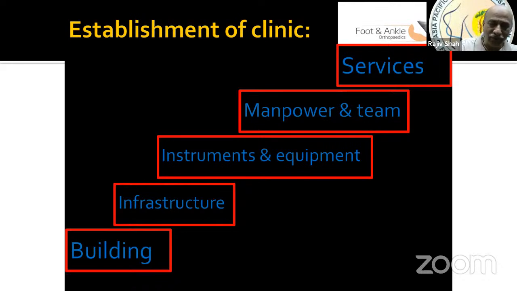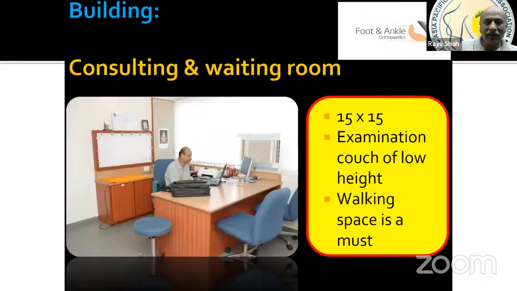And you need around 500 to 600 square feet of space, where in a building you would need a consulting and a waiting room, a 15 by 15 consulting room with an examination couch of low height, and there has to be a walking space inside your consulting room because you want to examine your patient in a walking position.